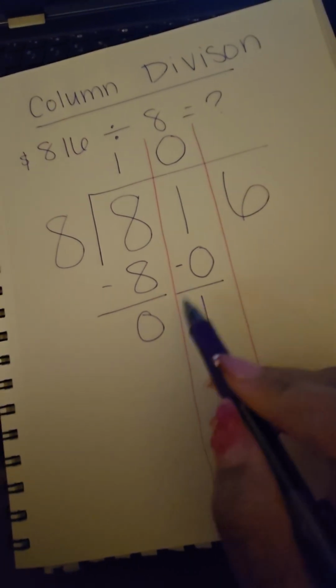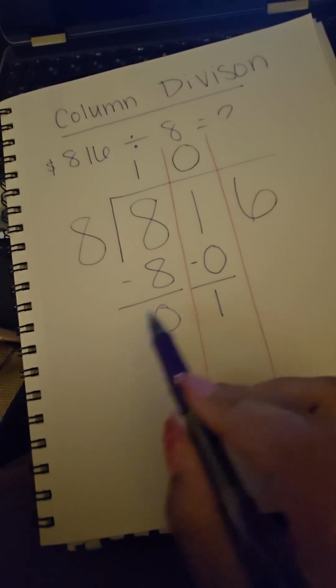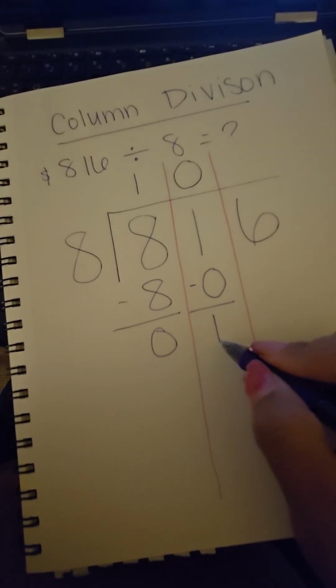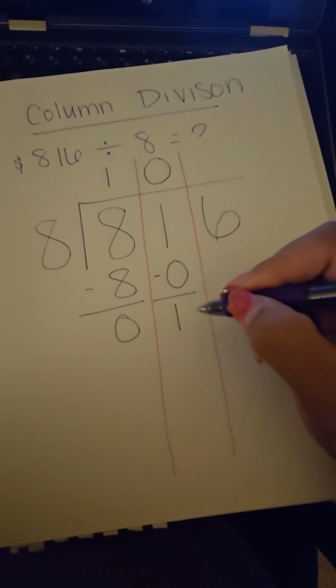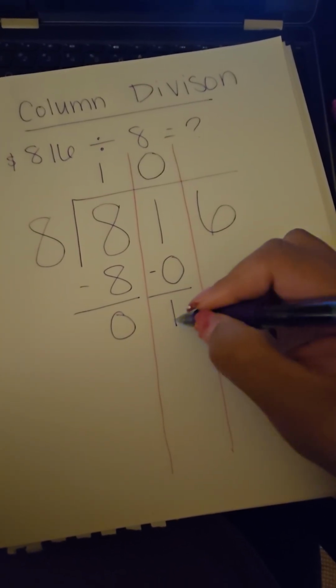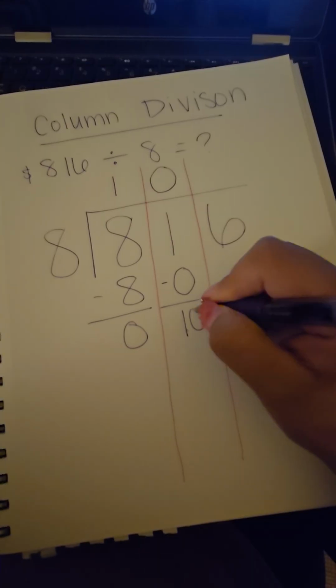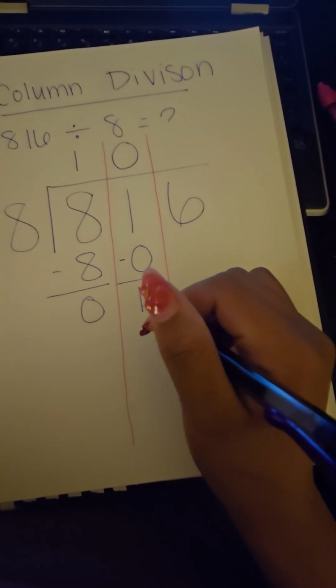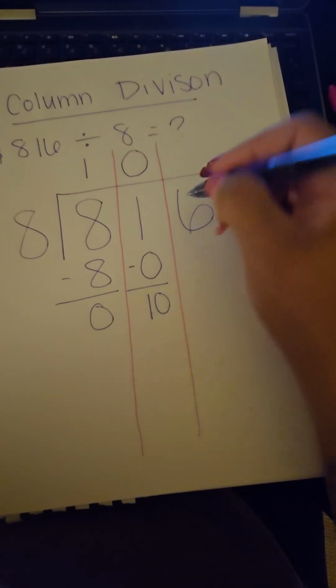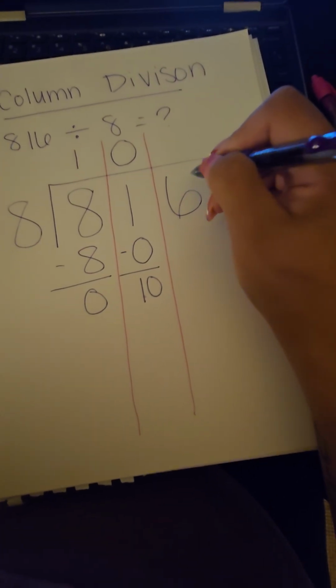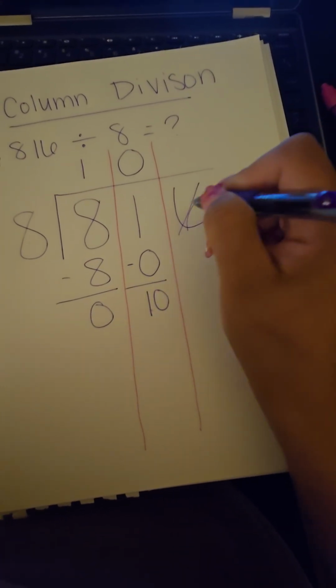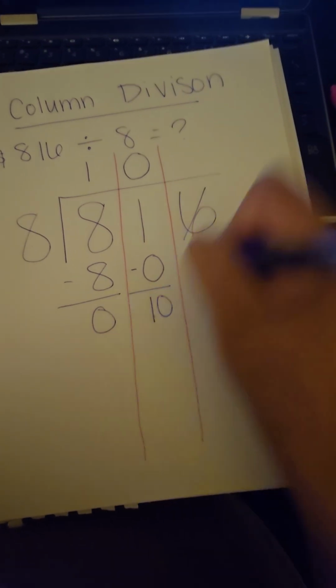Now we still have that 1. We need it to be 0. We can't do this, so we need to cash that in. These are 10s. So see, this is actually $10 right here. We need to cash that in for some ones. So we're going to do 10 ones, then we have our 10 ones.